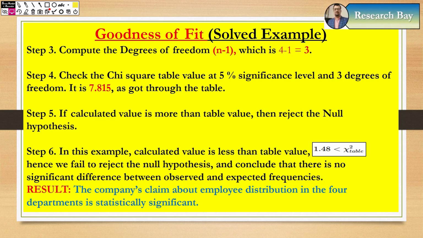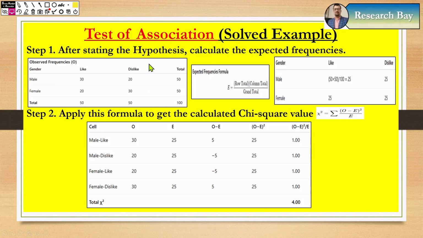Now let us go to chi-square test of association, which is also known as chi-square test of independence. So for doing chi-square test of association, similarly, we state the hypothesis first and then we calculate the expected frequencies. So these are the observed frequencies given to us.